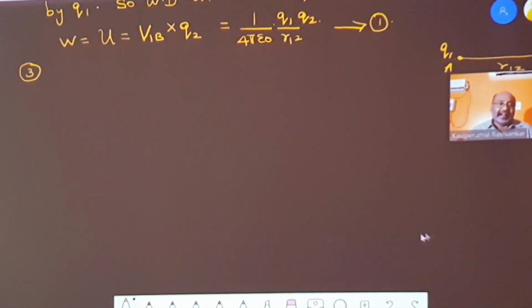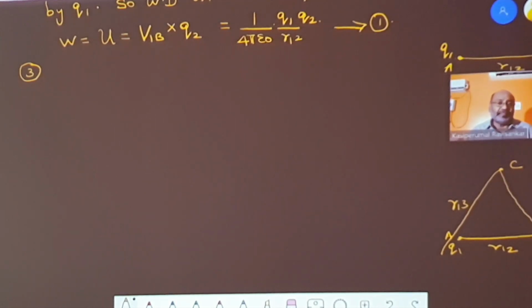Again, let us consider the diagram here. Here you have the point A where the charge Q1 is placed. Then at a distance R12, you have another point B where the charge Q2 is moved. Now you have the third point C. The third point C is at a distance of R13 from Q1, and at a distance of R23 from Q2.